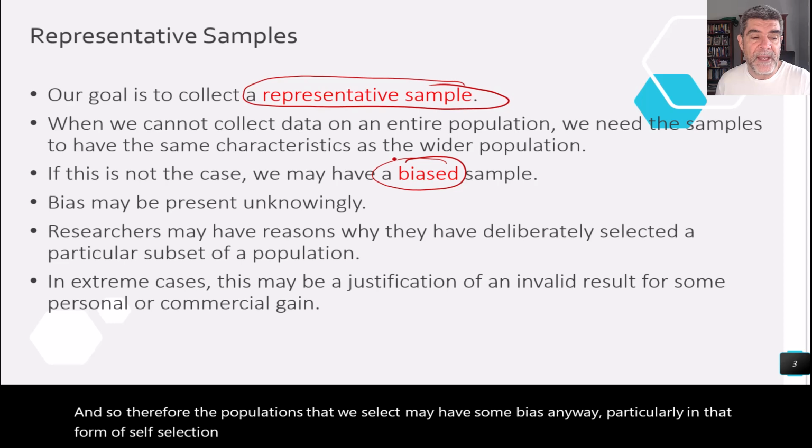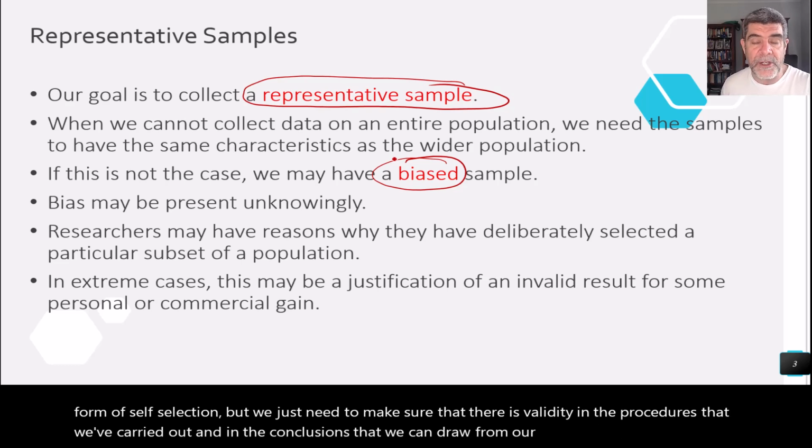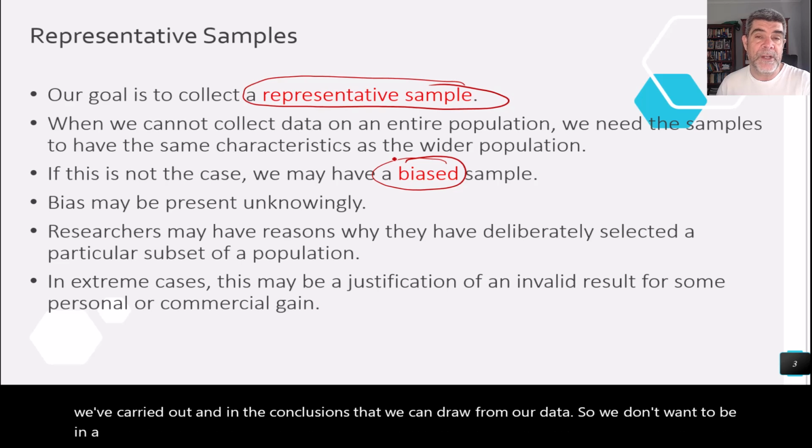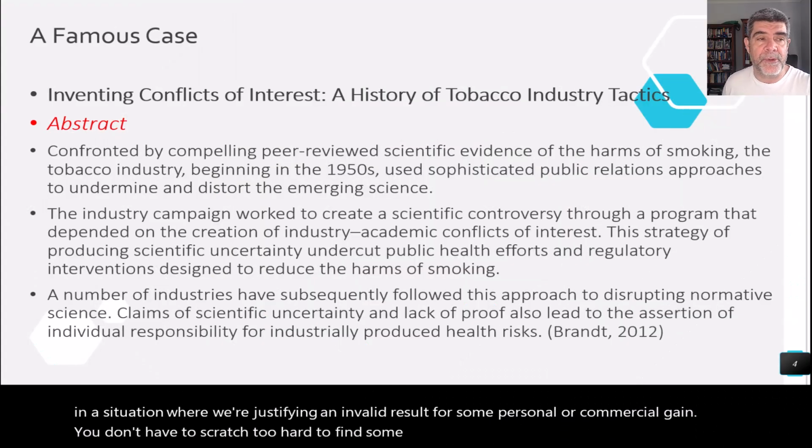But we just need to make sure that there is validity in the procedures that we've carried out and in the conclusions that we can draw from our data. So we don't want to be in a situation where we're justifying an invalid result for some personal or commercial gain.